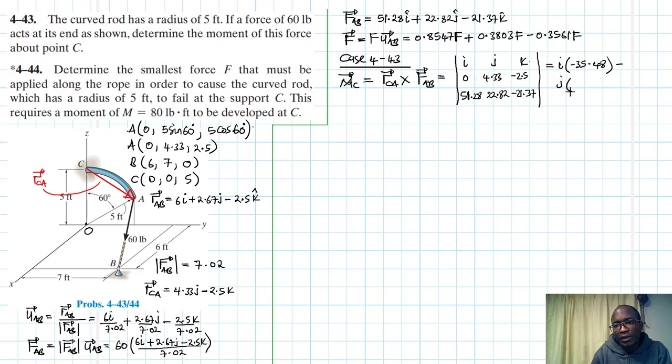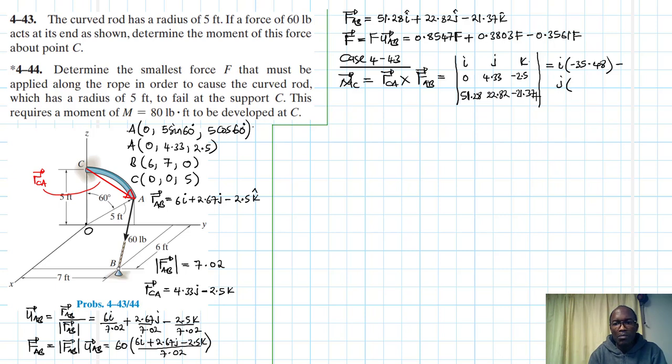Minus j, so 4.33 by minus 21.37, then minus 2.5 by 22.82, 35.48.